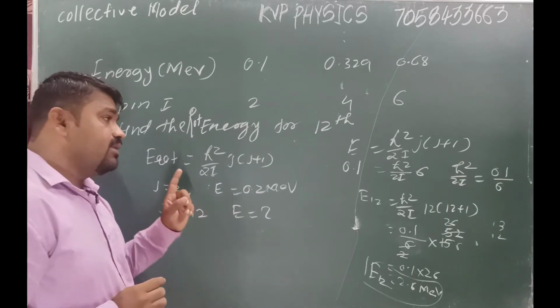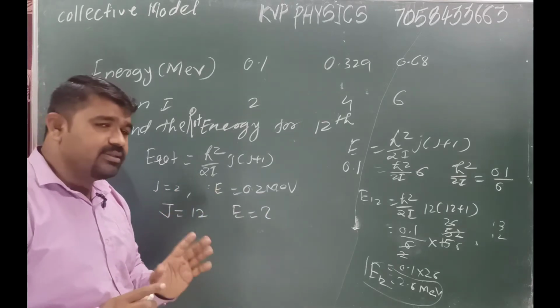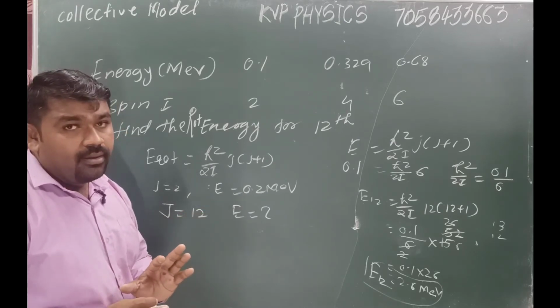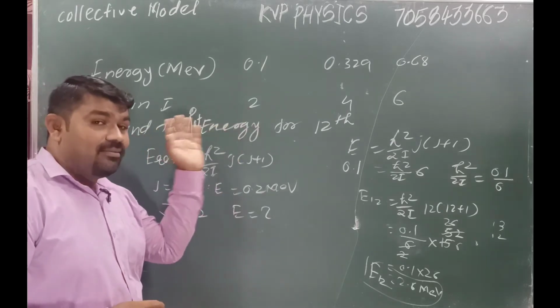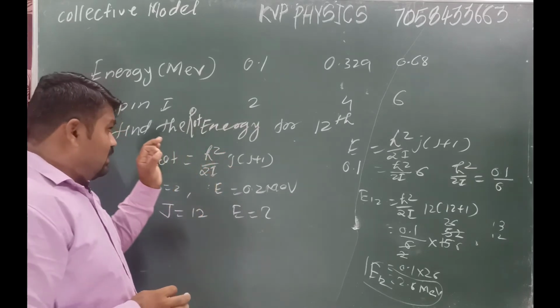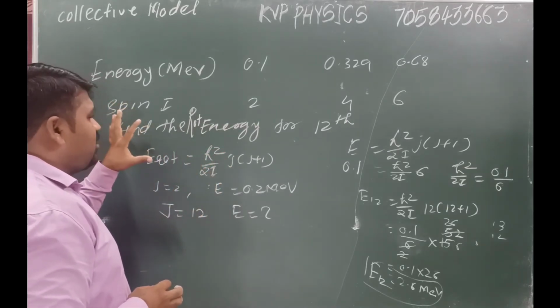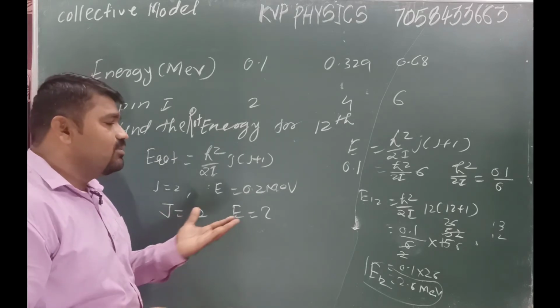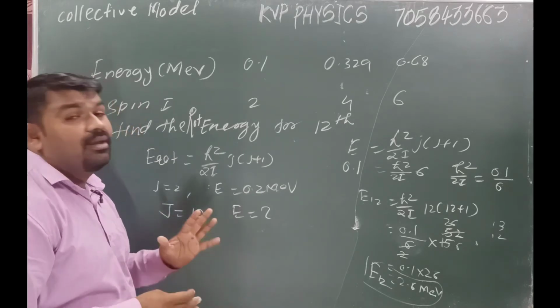Second is the formula: h cross square upon 2i, J into J plus 1. Next, our aim is finding h cross square upon 2i, by taking the given data. In any exam, they give the initial data, no problem. We cannot find the value of h cross square upon 2i without any given data.